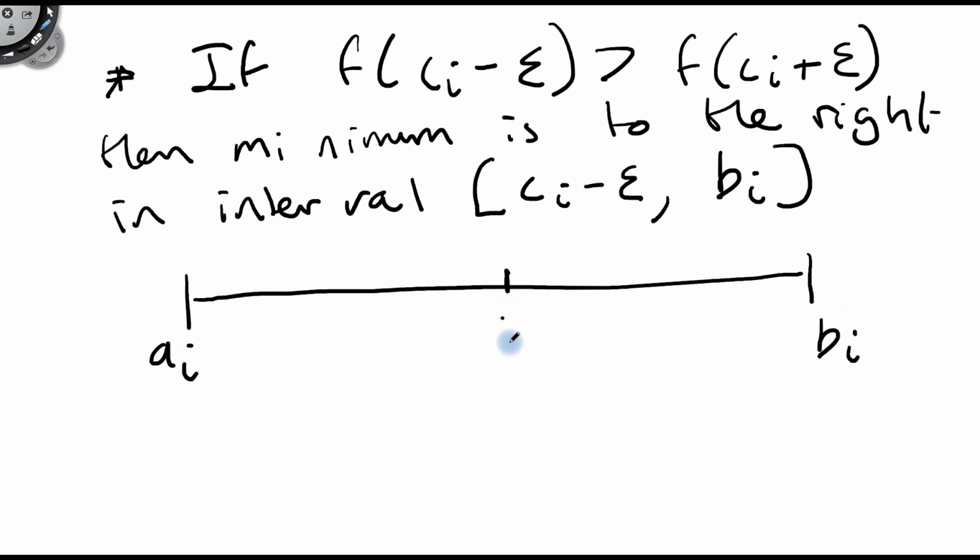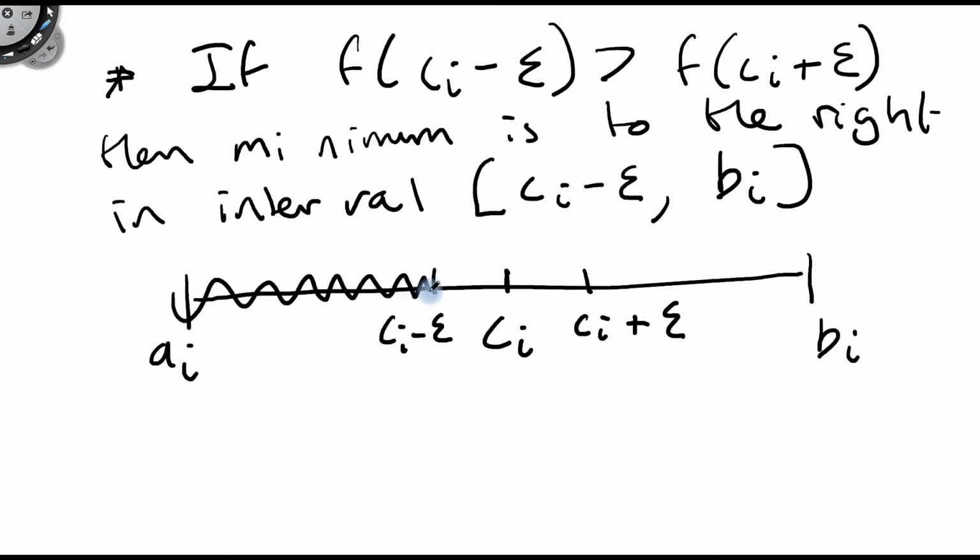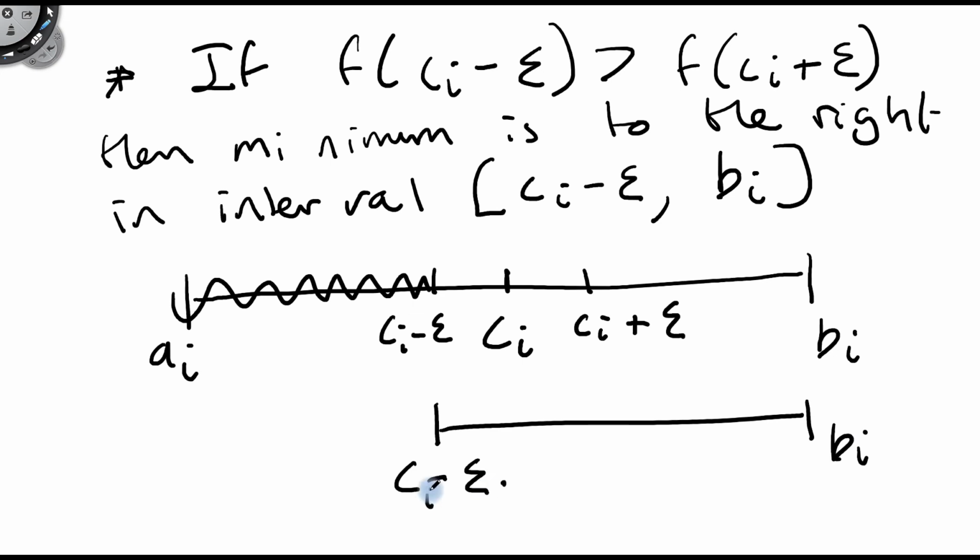Along comes our bisector, CI, and we have CI minus epsilon, CI plus epsilon. And we've decided now that the function is greater on this side than on this side, so the minimum has to be on the right. So we discard this part of the domain. So the new interval is going to be CI minus epsilon, BI.